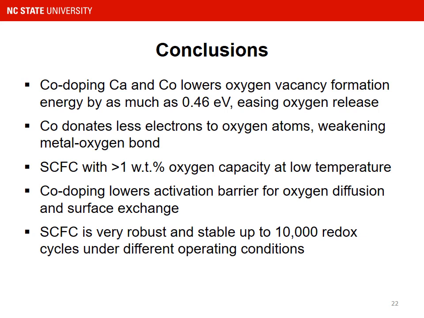An oxygen capacity as high as 1% can be achieved at low temperature range. This co-doping also lowers the activation barrier for oxygen diffusion and surface oxygen exchange. This material is also very stable, and can be used for more than 10,000 cycles of tests under large-scale evaluation.